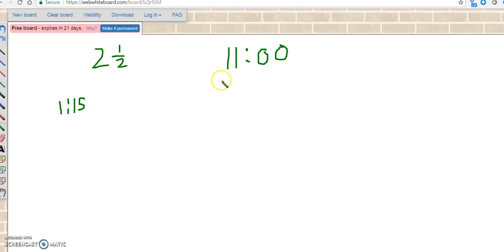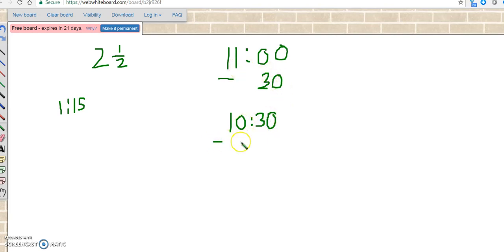Make sure your students understand time. I'm going to subtract 30 minutes from this because that's what a half an hour is, and that's going to leave me with 10:30, because if I subtract 30 minutes from 11, that gives me 10:30.